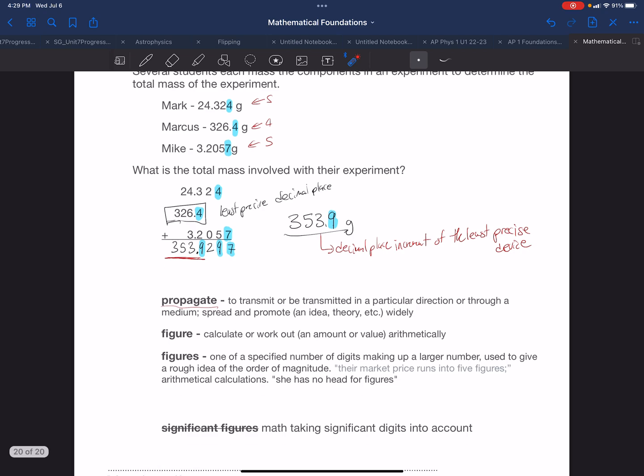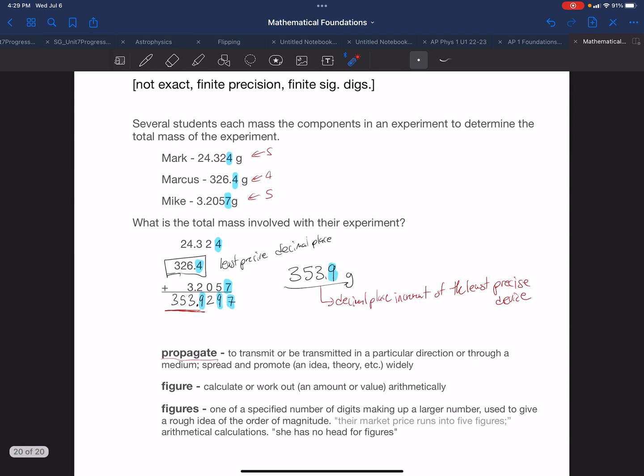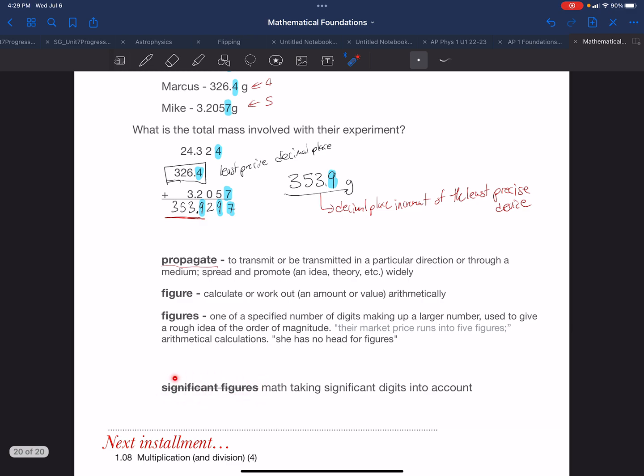Now, at this point, I'll point out that some of you in your science classes may have come across significant figures, but you see that I use the word significant digits. You have never heard me use significant figures. That's because it's actually incorrect. One should never use that. Probably the best definition of significant figures is math taking significant digits into account, and that just doesn't need a name.